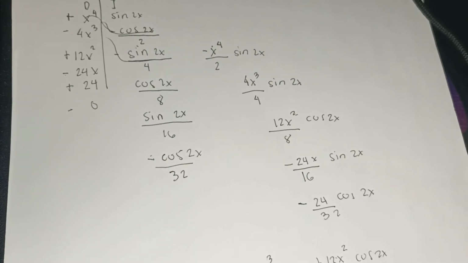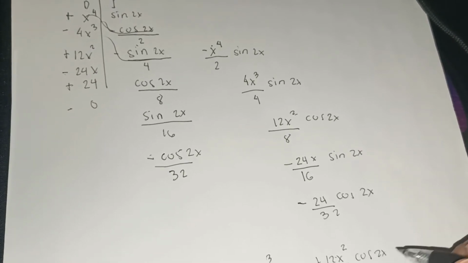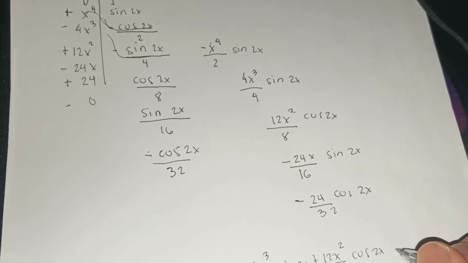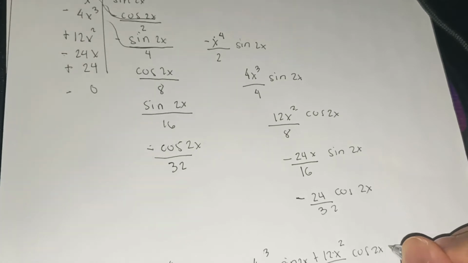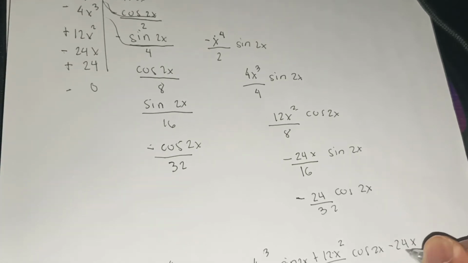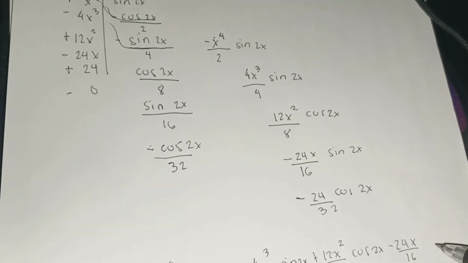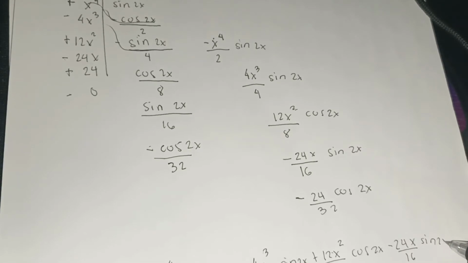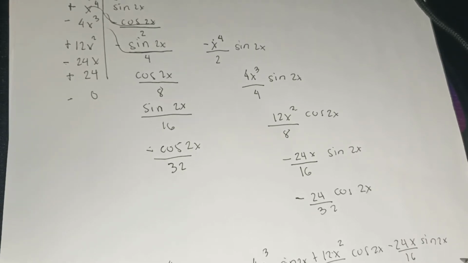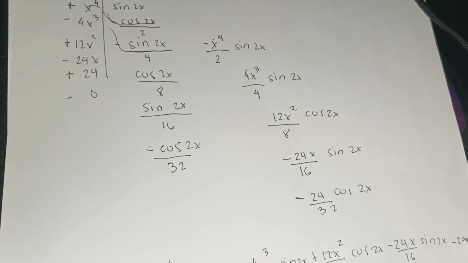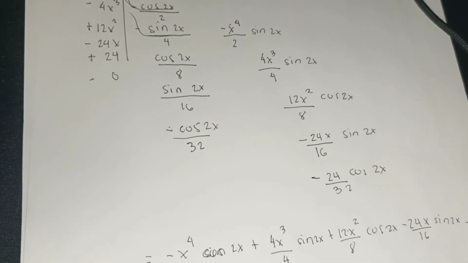By the way, we can simplify it maybe later, just try to list them all down here. Minus 24x over 16 sine 2x, and then minus 24 again over 32 cosine 2x.